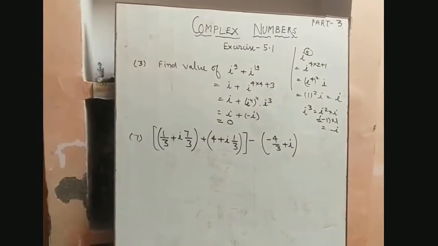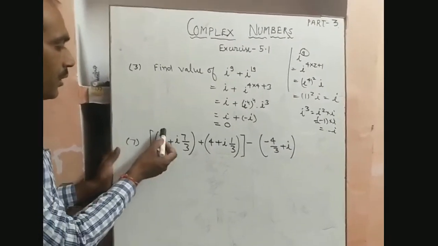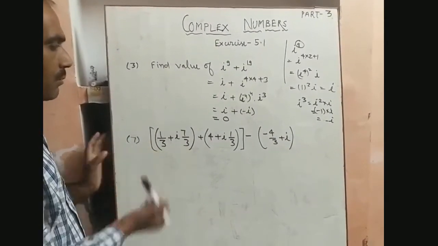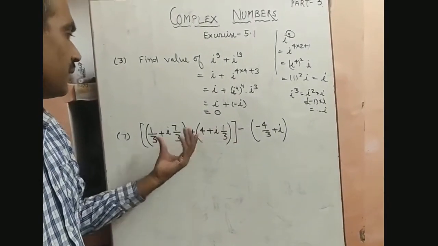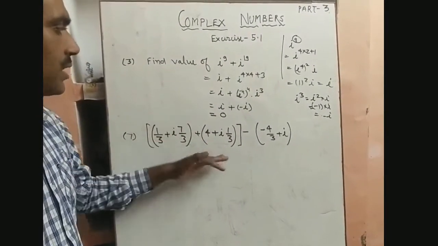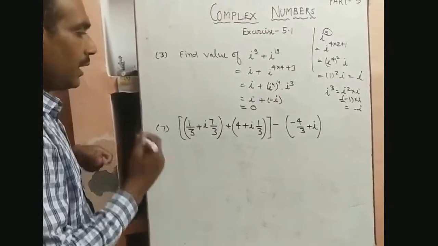Now understand the next question, 7. 1 upon 3 plus i into 7 by 3. What is this? This is only addition and subtraction of complex numbers.